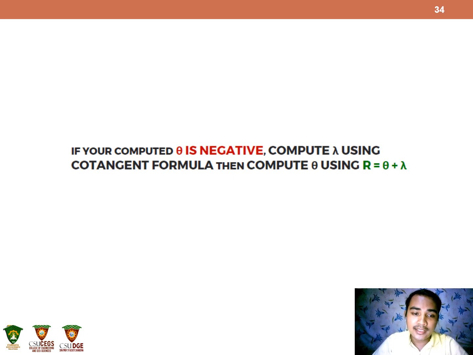Now, if you get a negative answer using the theta, then use the other one, which is the lambda. So again, if your computed theta is negative, compute the lambda using the cotangent formula, then compute theta using the relationship between r, theta, and lambda. So inga na lang siya. Kung negative, katong isa ka formula ang gamitan.